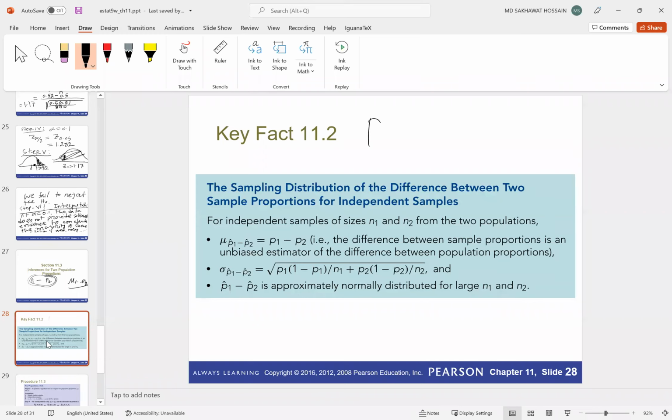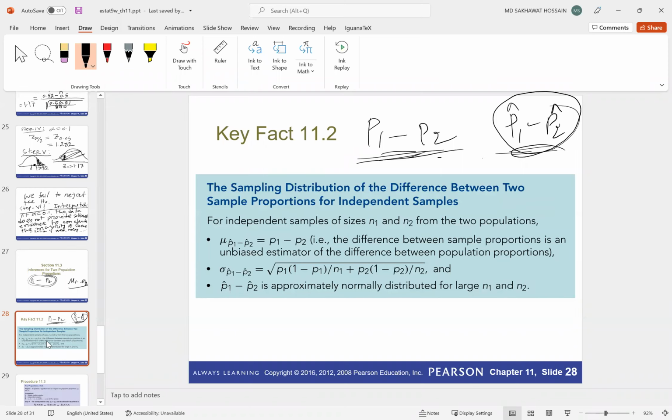Since we'll be comparing the difference P1 minus P2, we need to know the distribution of P1 hat minus P2 hat, because this is the point estimate for P1 minus P2. The distribution of P1 hat minus P2 hat is the sampling distribution for the difference between two sample proportions.